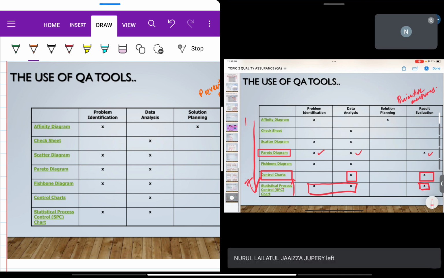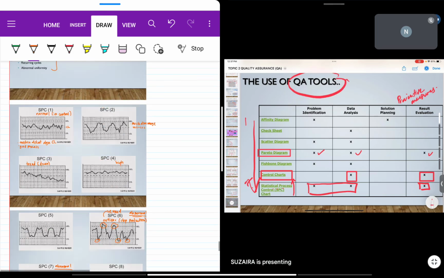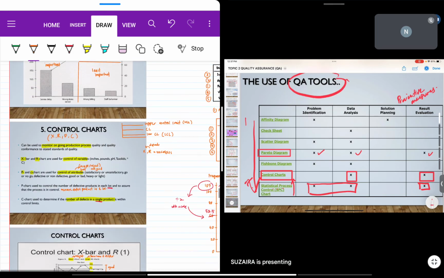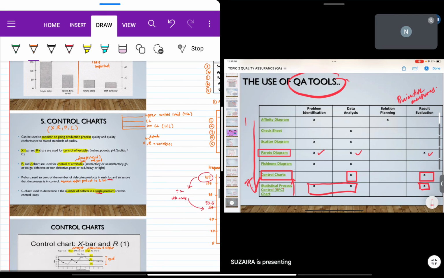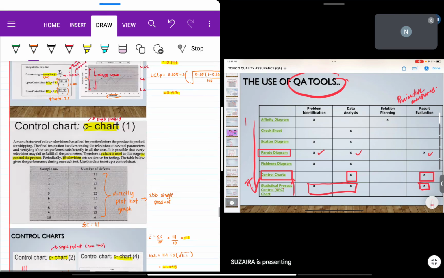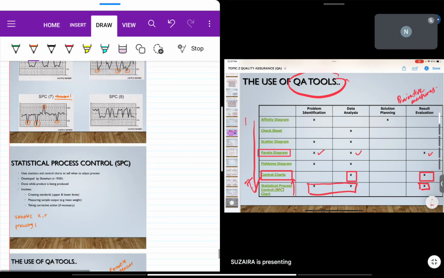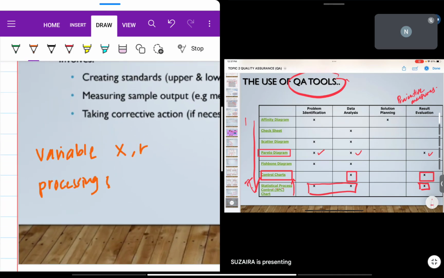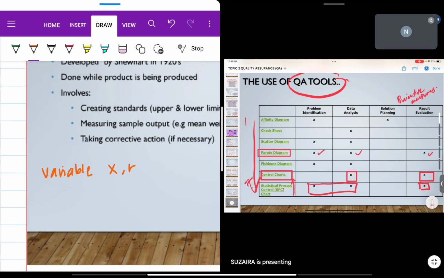So I think we're done with the QA tools, which are critical for you guys. Any question that you would like to ask me about the tools before I leave you to work on these examples?